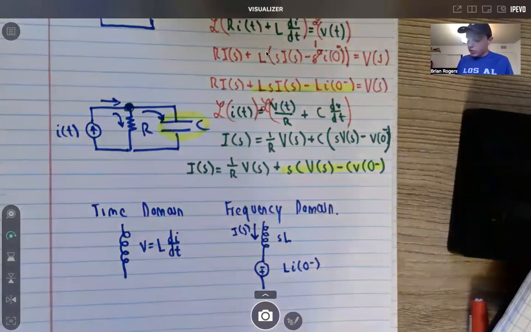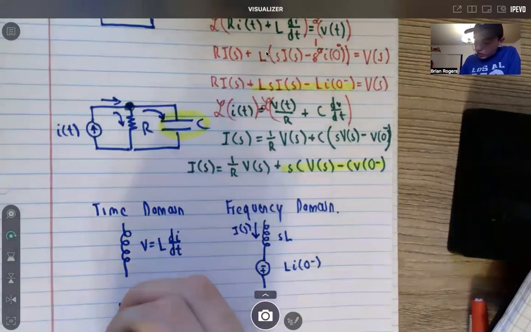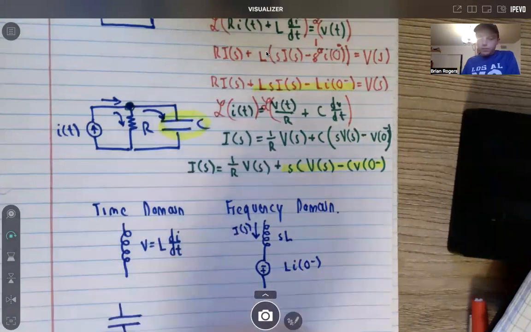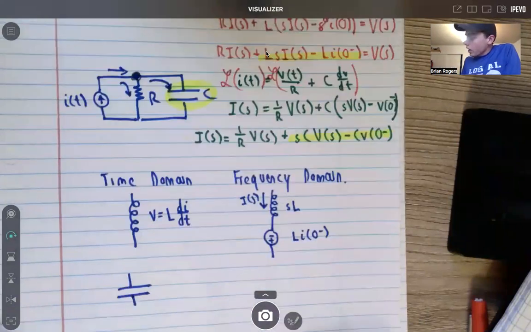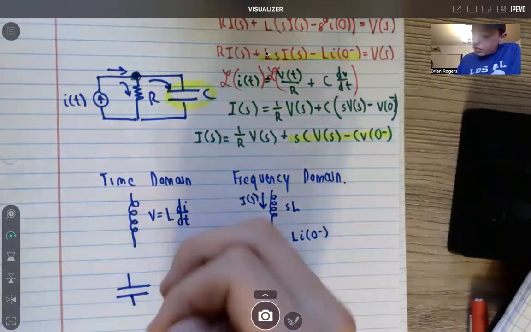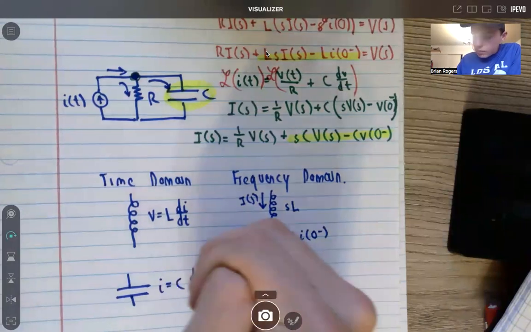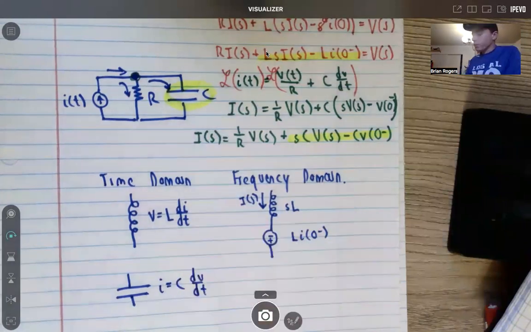Then our next one is our capacitor in the time domain versus the frequency domain. Our capacitor in the time domain is given by the equation i equals C dv/dt. Remember ELI the ICE man? That's where this one's coming from, the ICE.